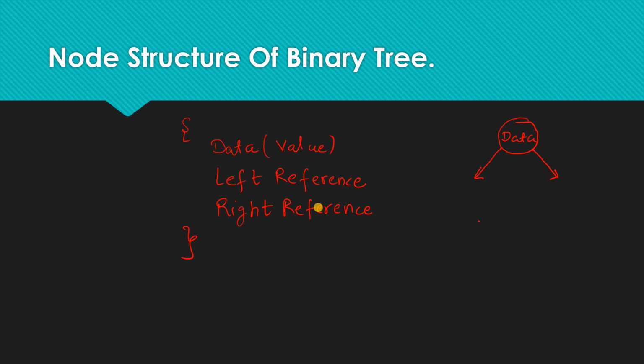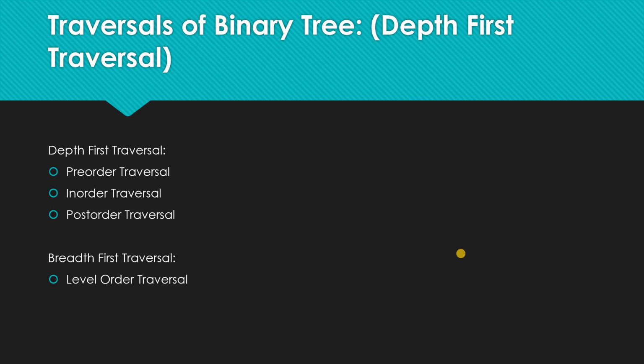Okay. So let's move on. First, we will understand the different types of traversal in binary tree. So, why do we even need the traversals? If you consider binary tree as a data structure, suppose this is our binary tree.